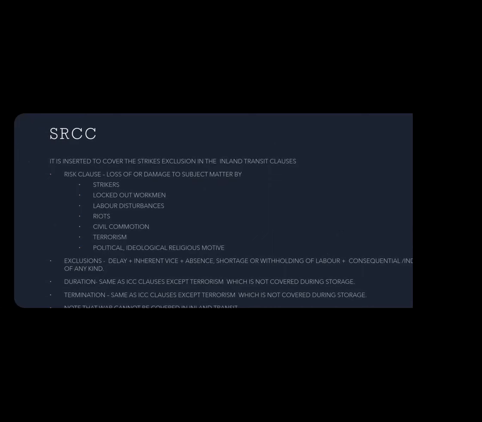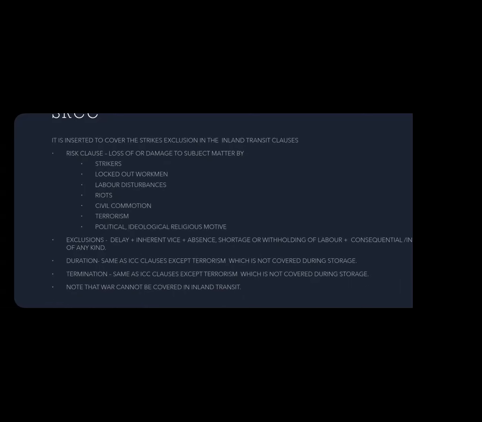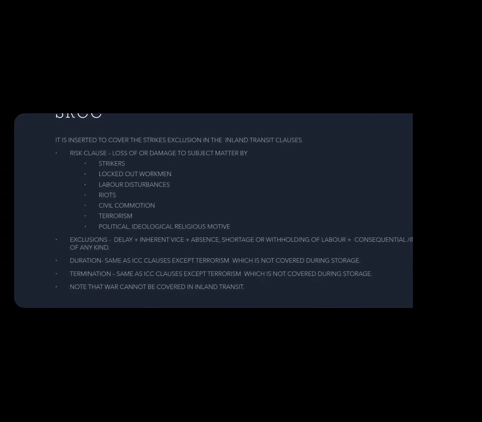The risk is loss or damage to the subject matter by strikers, locked out workmen, labor disturbances, riots, civil commotion, terrorism, and political and ideological motive. This last line, political, ideological, and religious motives, was added recently in the 2009 clauses.